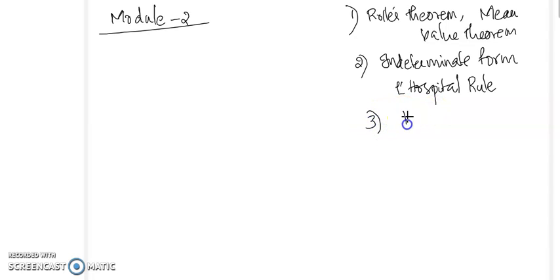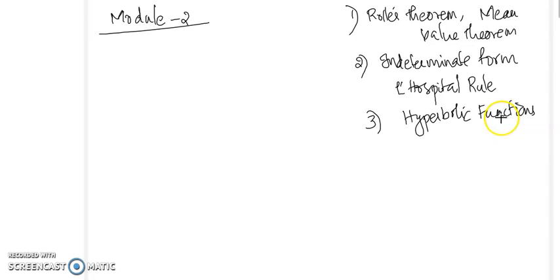And thirdly, we will look at what are called hyperbolic functions, then a few results on hyperbolic functions, then how to find the integrals and derivatives of hyperbolic functions. So those are the main things we will be seeing in the second module.